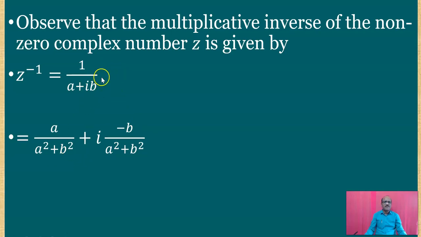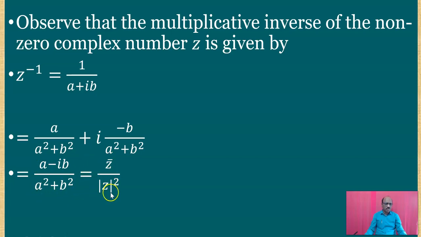If we multiply numerator and denominator by a minus ib and simplify, then you will get a upon a square plus b square plus i into minus b upon a square plus b square. Overall you will get a minus ib upon a square plus b square, and that is equal to z bar upon mod of z square, or z into z bar is equal to mod of z square.